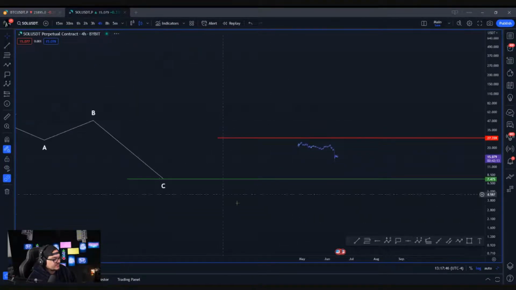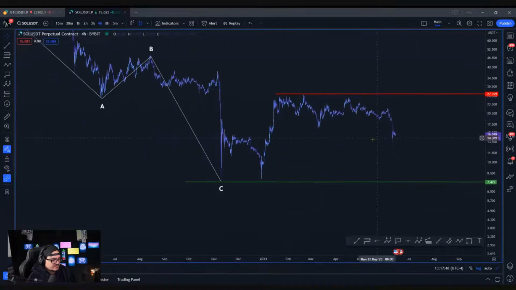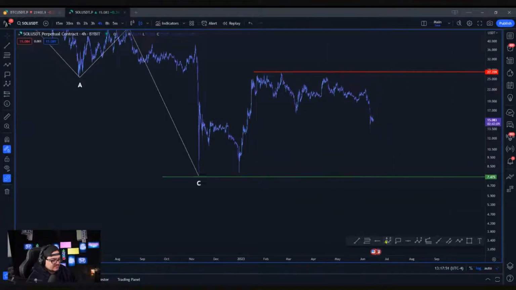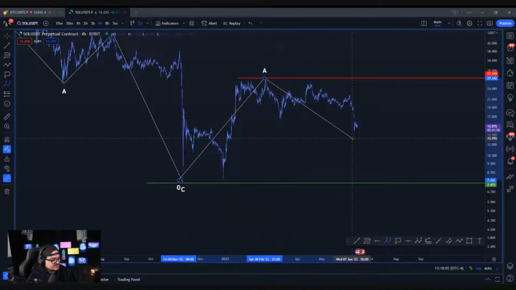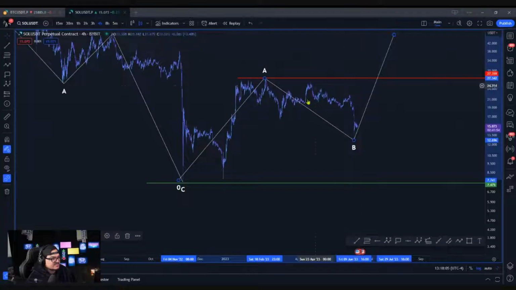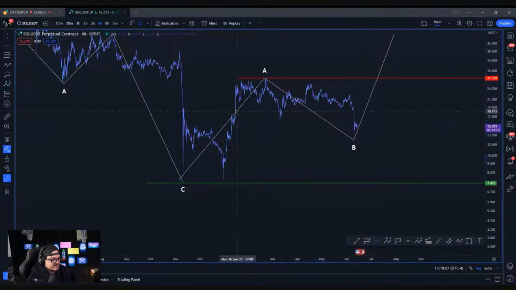All right, and if I zoom in a little bit more, maybe there's two different variations of this. The most bullish case is that maybe this is an A. Oh, sorry, no. This ABC is part of a larger A. We're looking for a larger B, continuing higher for a C. From there, we do have a potential bullish position on a macro scale at around $16.